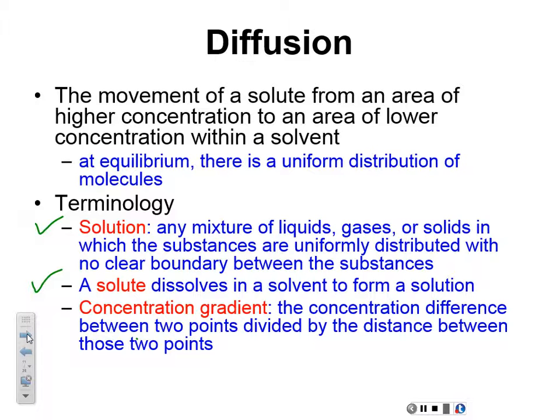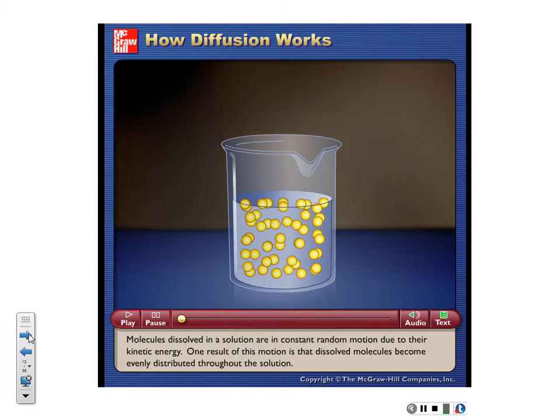But pretty much, the more solid, the higher the concentration gradient compared to the reference point. All right. So solutions become very important with osmosis. We'll do that in a moment.